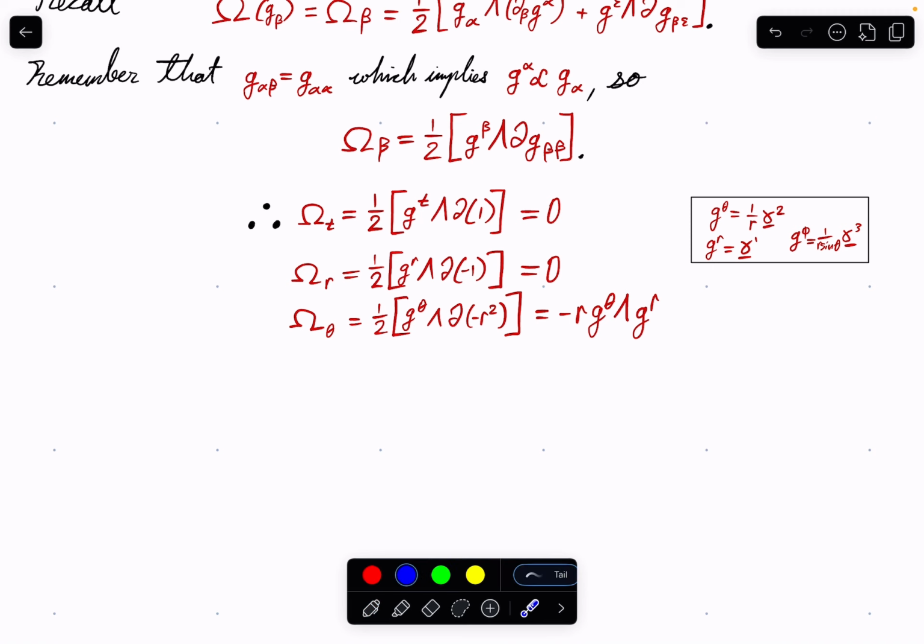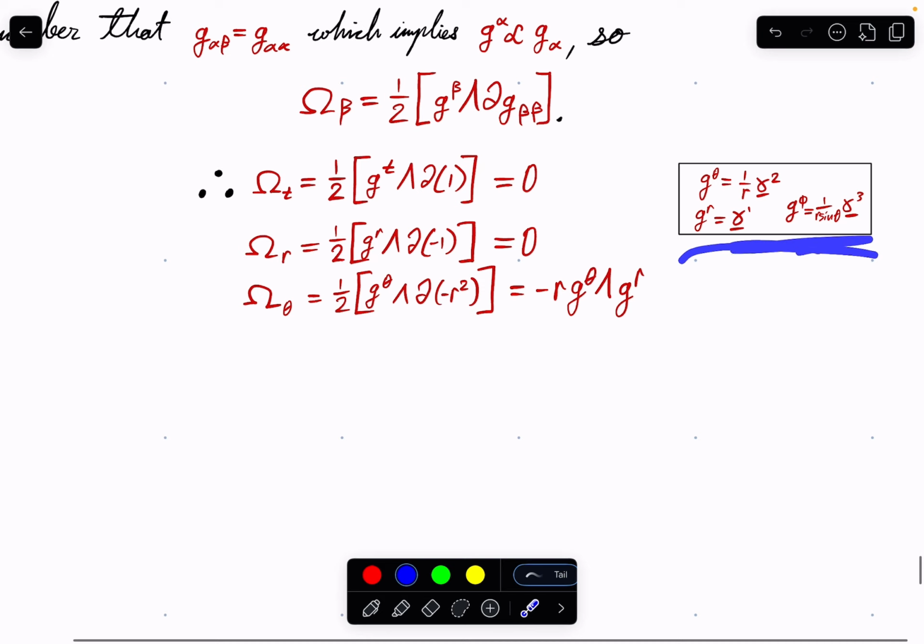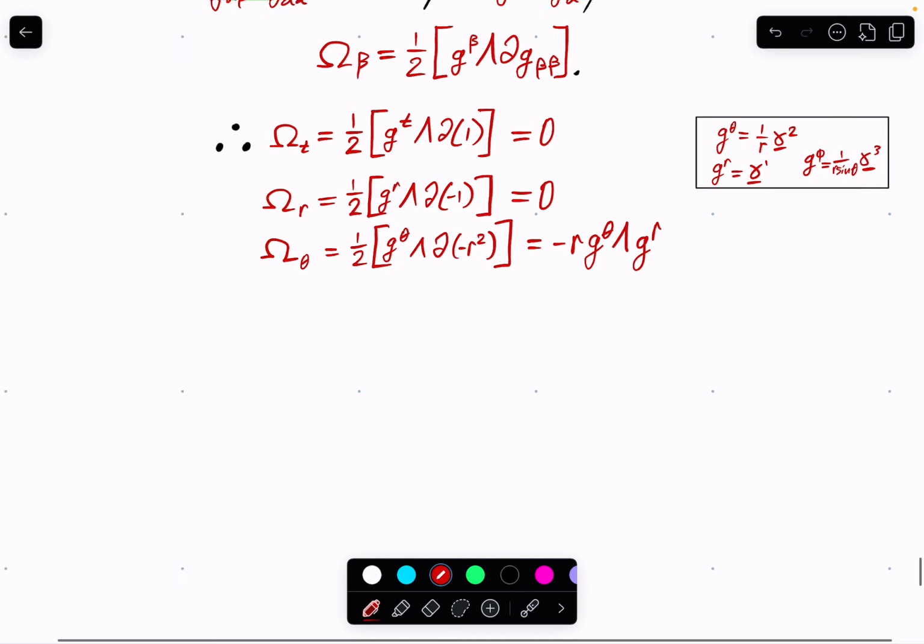So we have these identities for the tetrads, and these are the ones I encouraged you to calculate in the last video, because you end up with just reciprocals of the coordinate basis.